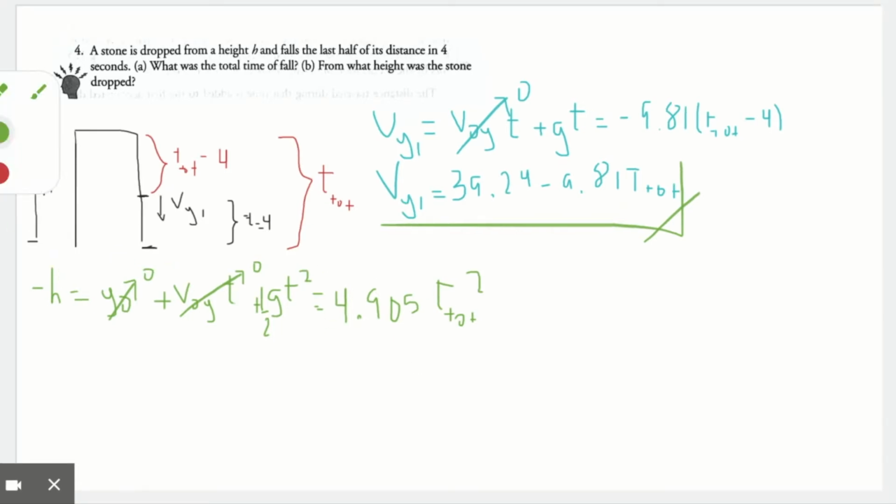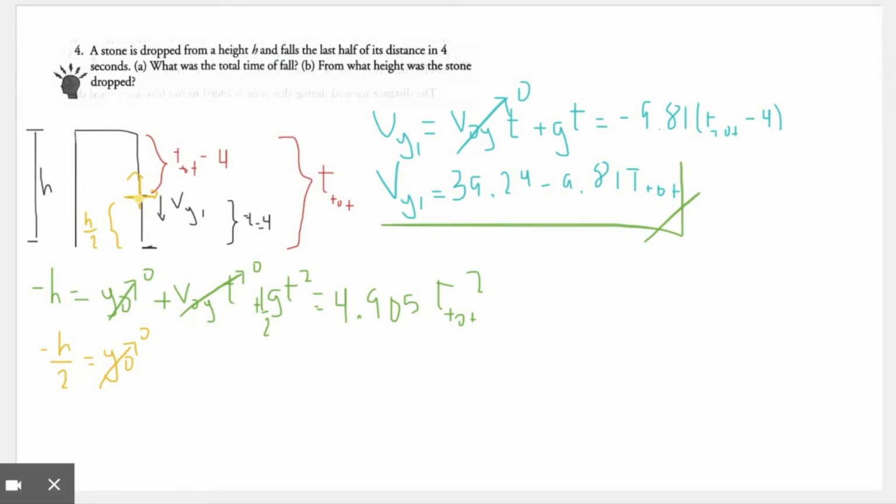Now, I will change the frame of reference, and suppose that the 0, 0 is at this position. So this will be our new origin. From our new origin, this would be the final position, and we know that it's h halves. With our new origin, when the object is at h divided by 2, the initial position again is 0 because we moved our frame of reference. But now the initial velocity is not 0.